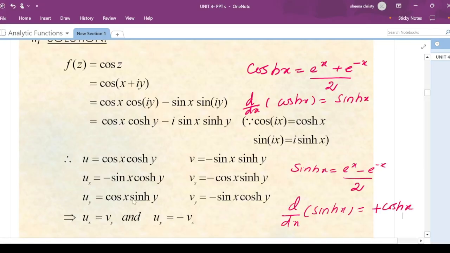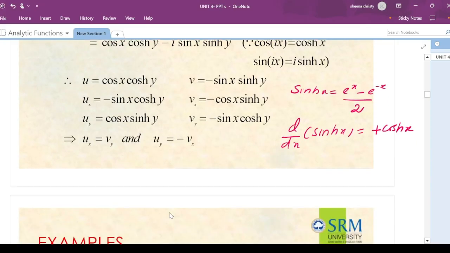Therefore, substituting the derivatives, the differentiation of cosh y is sinh y and the differentiation of sinh y is cosh y. So, substituting the differentiation values, we can observe that ux = vy and uy = −vx.